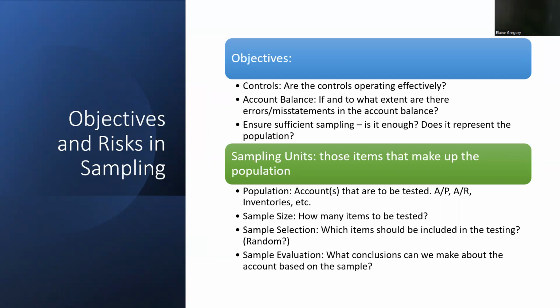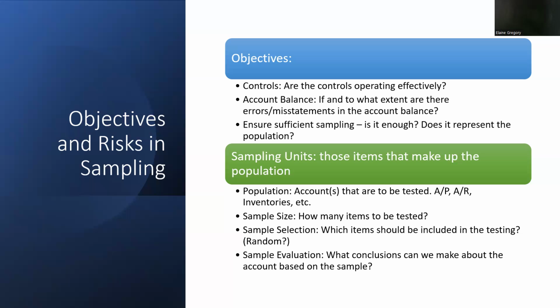If it is an account balance, you want to look at if and to what extent there are errors or misstatements in that account balance. And finally, you want to ensure you have enough samples. And does it represent the population?